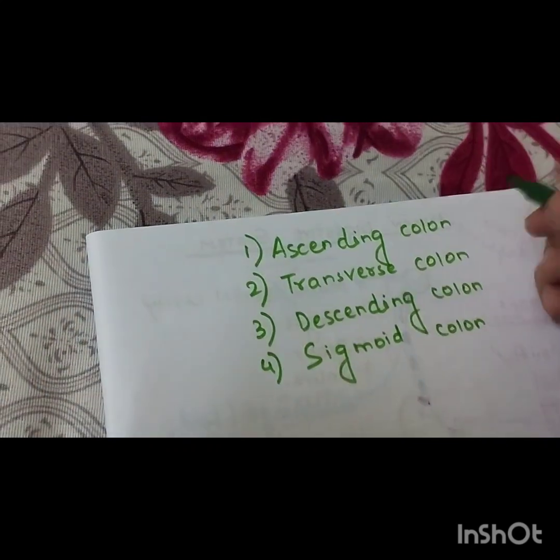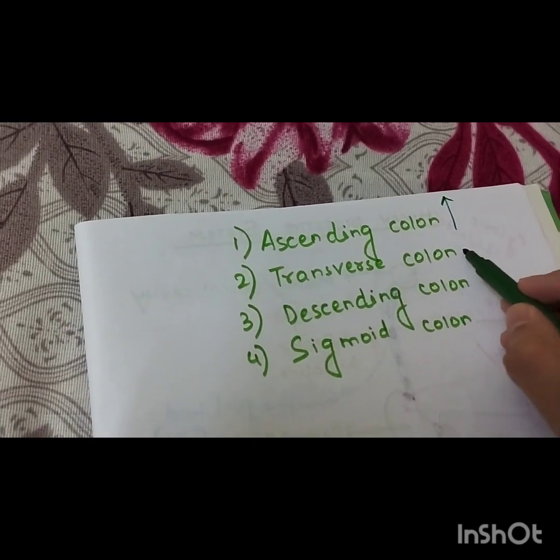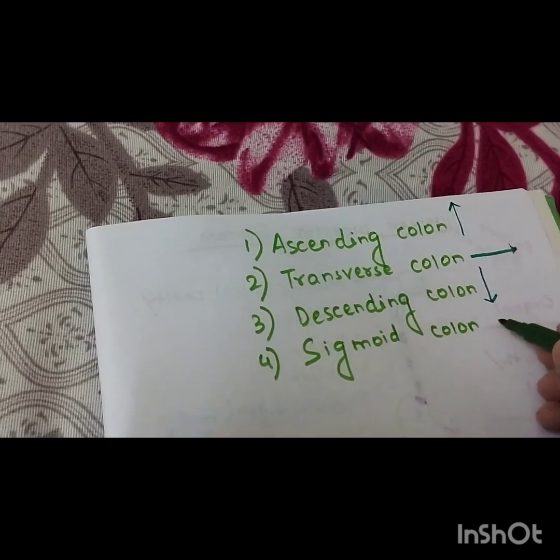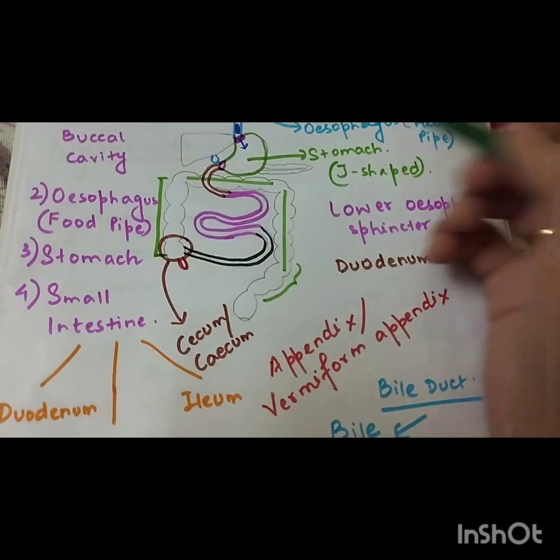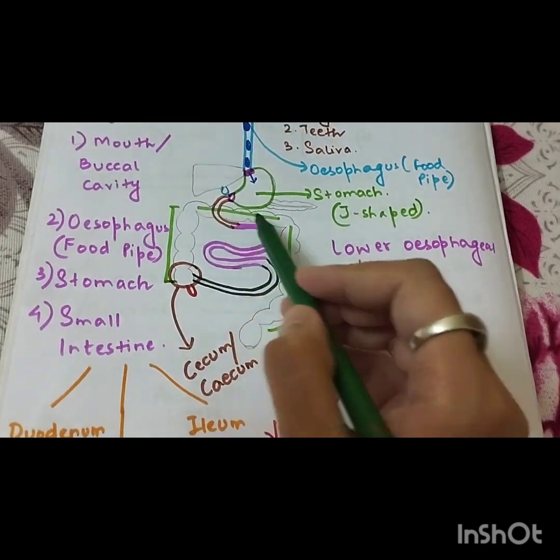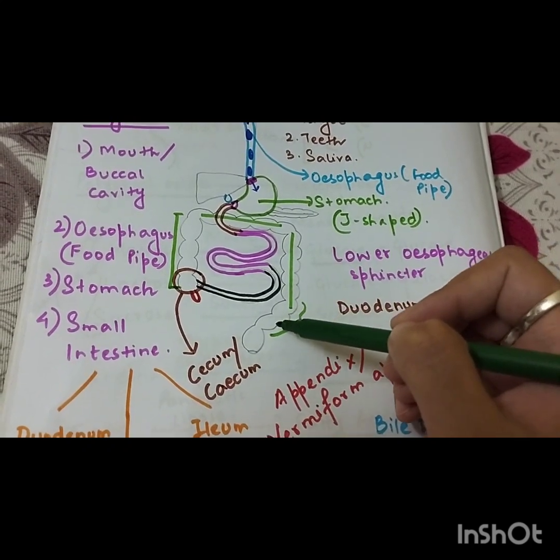Ascending colon moves from down to up, transverse colon goes across the body, descending colon goes from up to down, and sigmoid colon is like an S. As we discussed, this is the ascending colon, this is the transverse colon, this is the descending colon, and this is the sigmoid colon.